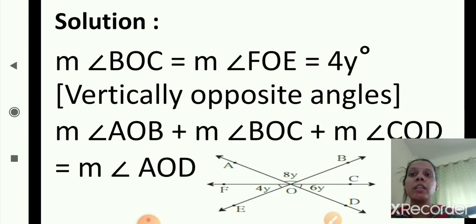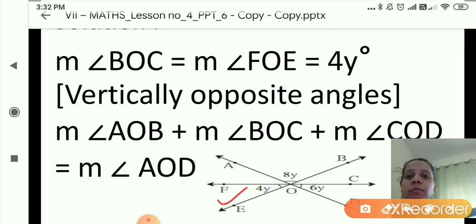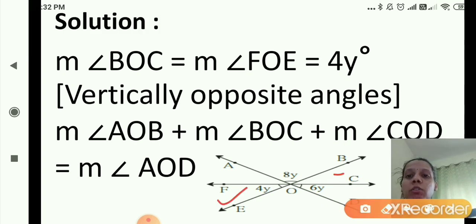as you can see here, in the solution first we'll start from measure of angle BOC is equal to measure of angle FOE. See this angle. Measure of angle EOF is equal to measure of angle BOC. Why are they equal? Because they are vertically opposite angles, right. So in the bracket you will write down vertically opposite angles.